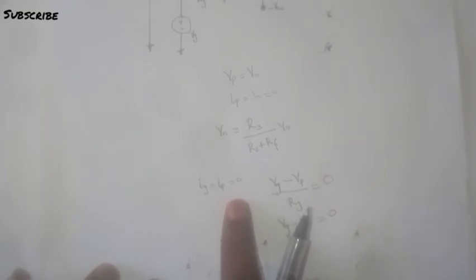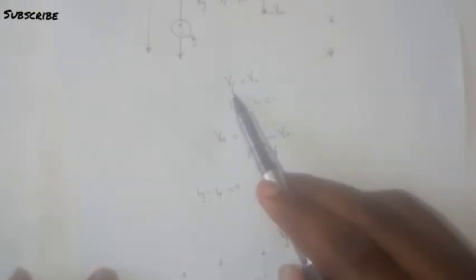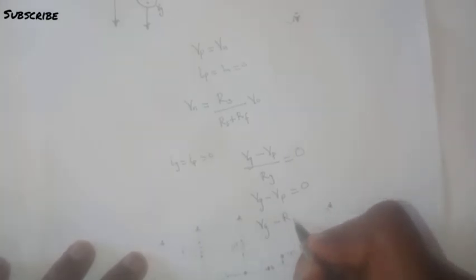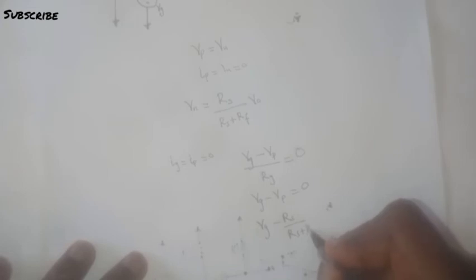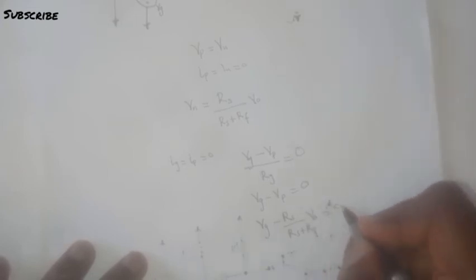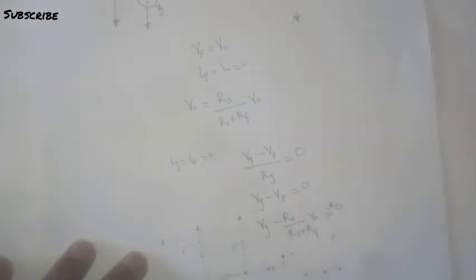Then we recall that Vp is equal to Vn. Then we can just substitute Vp here, and we would have that Vg minus Rs over Rs plus Rf times V0 equals 0. And what does that tell us?